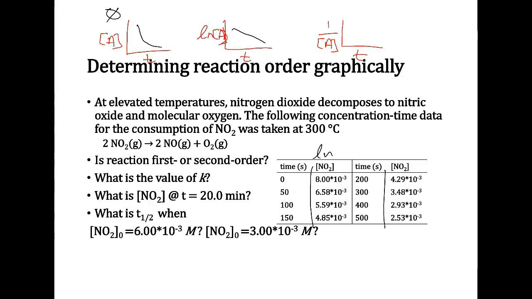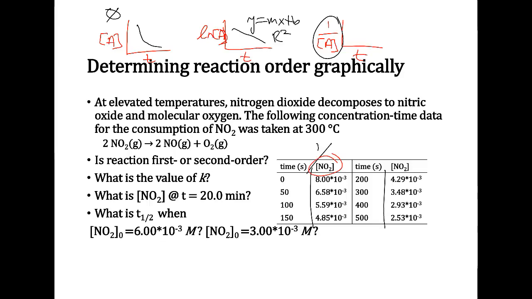So we go ahead and run a linear regression, and we get our equation y equals mx plus b. But then we'd also display the r² value to look at the correlation of the data. And then just to make sure that we're being thorough and we're confirming that it's not second order, we would go ahead and plot 1 over the concentration versus time. So instead of taking the natural log, what we would do is we would take 1 divided by that concentration.